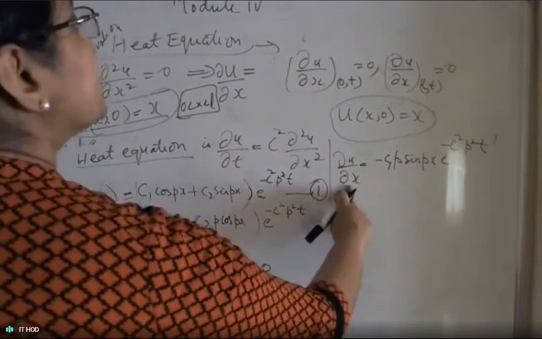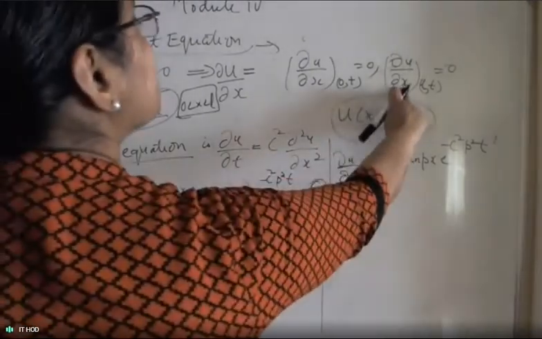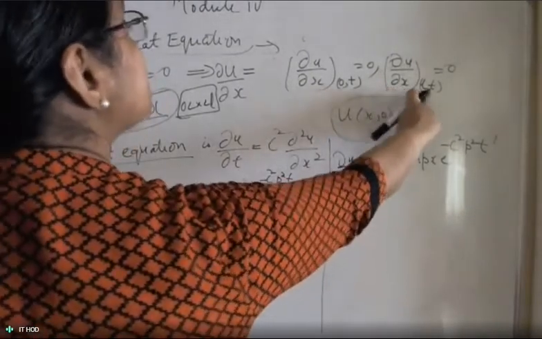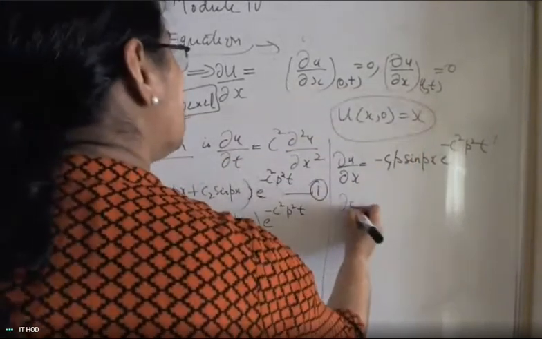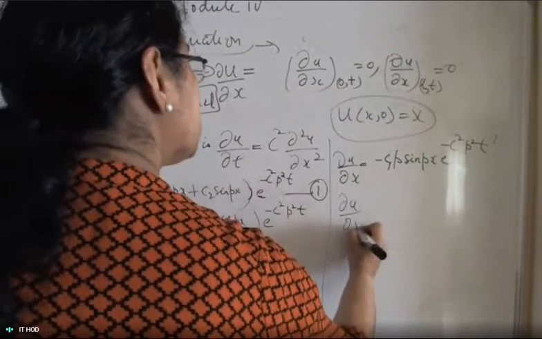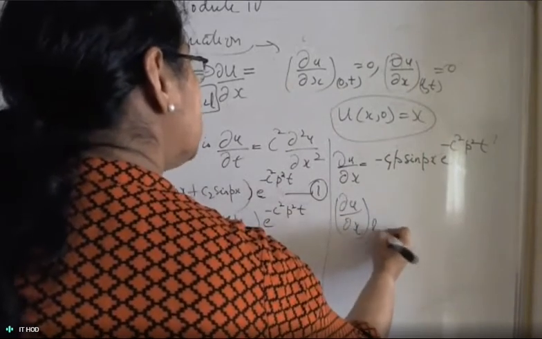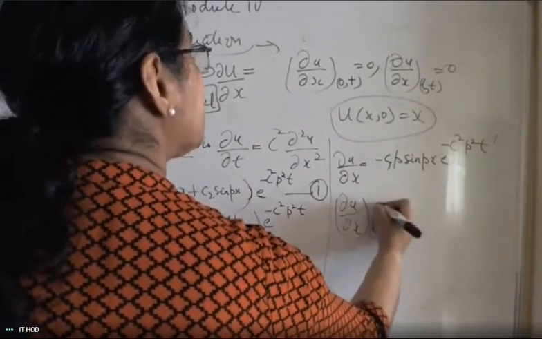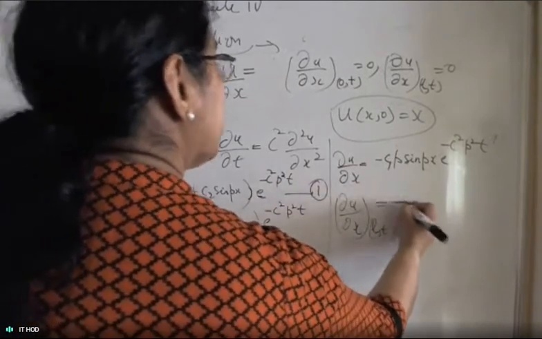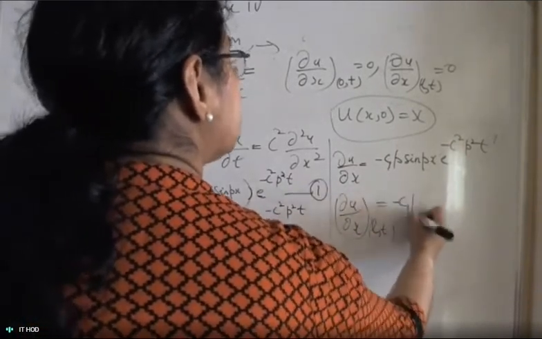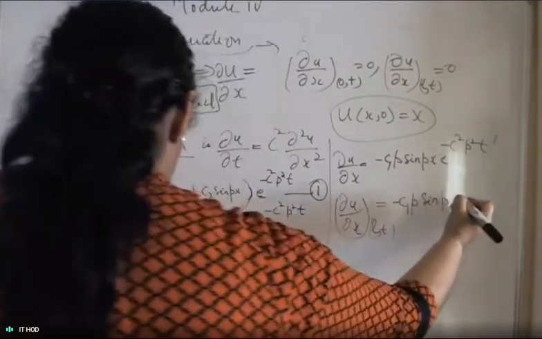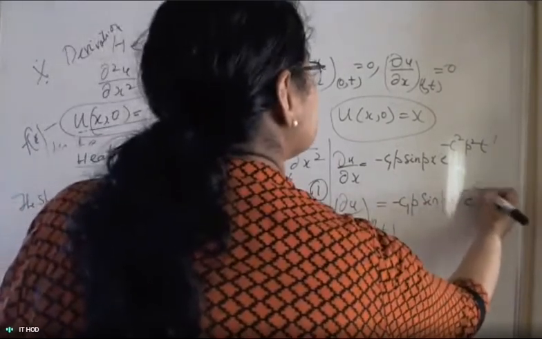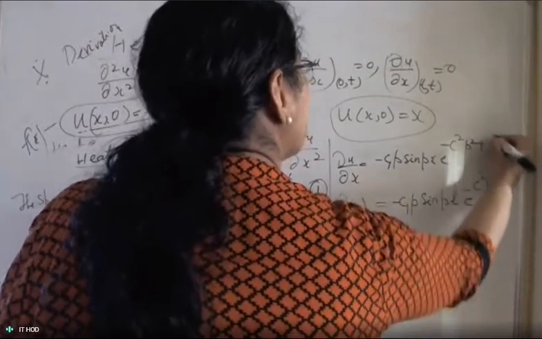Once you got this, we are again going to use the condition x is equal to L. At x is equal to L, what happens? We have this ∂u/∂x here. At x is equal to L, this is equal to minus C1 sin PL e raised to minus c square p square t.